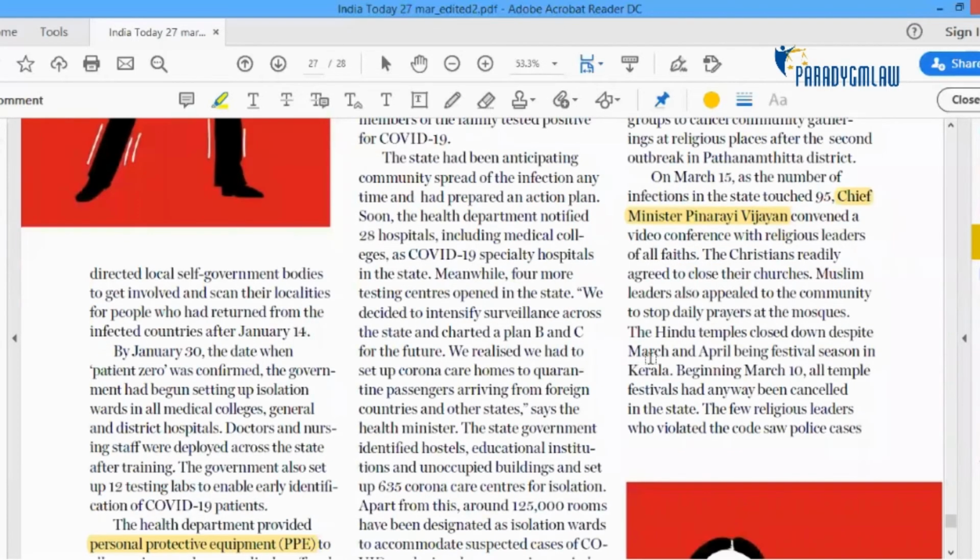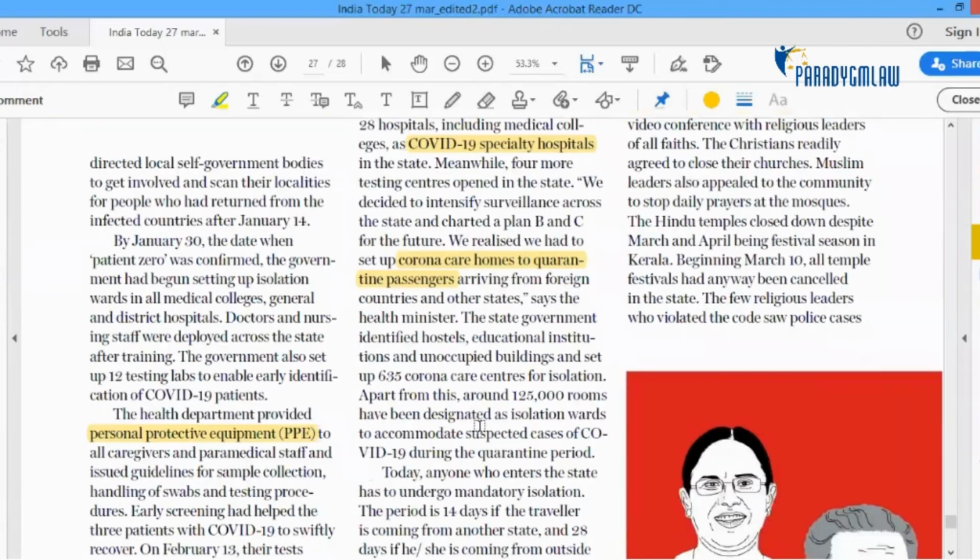At this point, the state is talking about specialty hospitals for COVID-19 and corona care homes to quarantine passengers. So, this is something the state has done. They identified hostels and educational institutes and unoccupied buildings to set up the corona care centers for isolation.